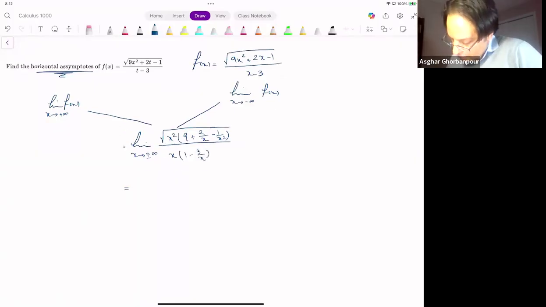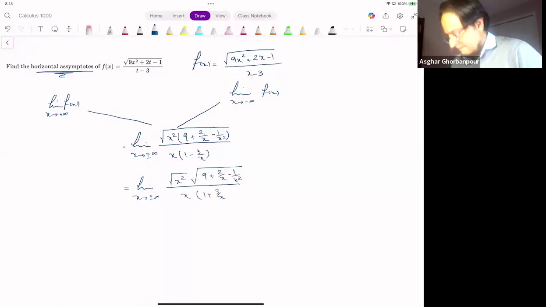Now, I try to separate this because I want to cancel, yes? This gives me the square root of x squared, and then 9 plus 2 over x minus 1 over x squared. And then down there is this. Well, we know that the square root of a box squared is the absolute value of that box.